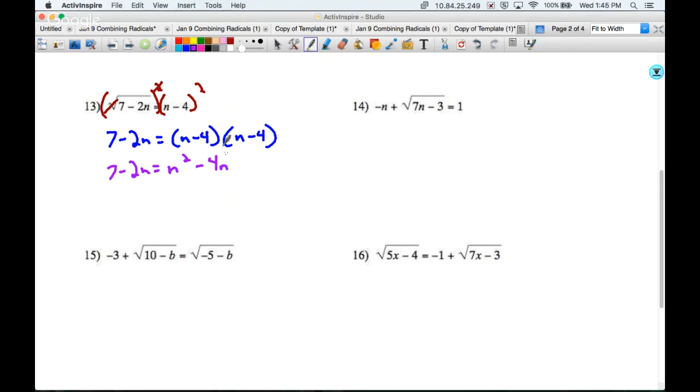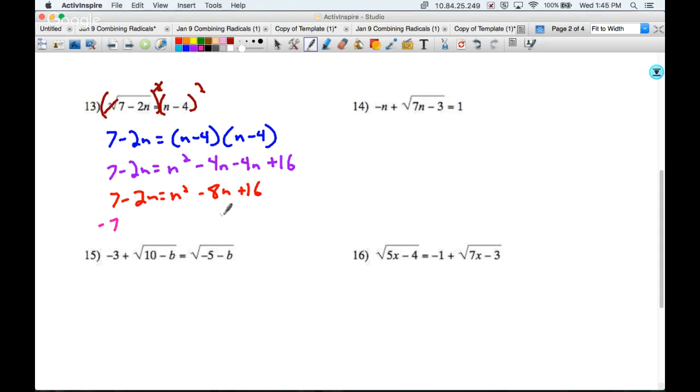Outside gives us a minus 4n. Inside, negative 4n. Last gives us a plus 16. Keep simplifying: 7 minus 2n equals n squared minus 8n plus 16.